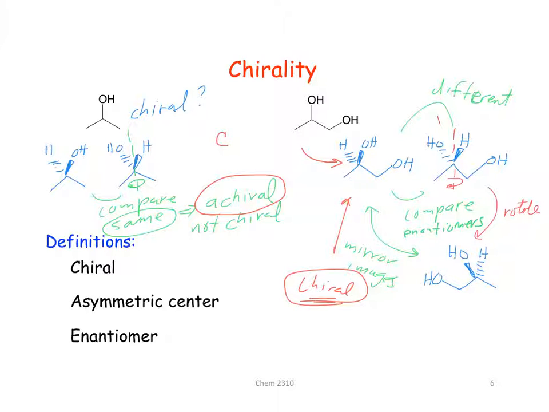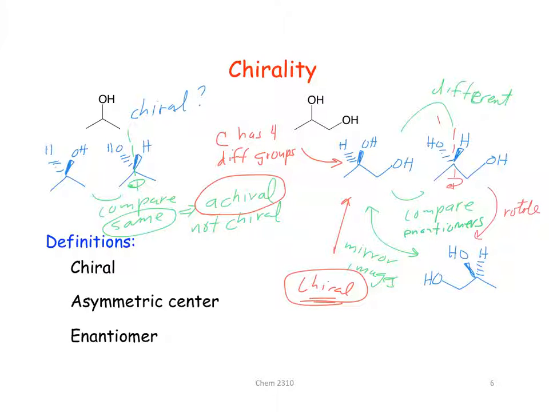It has an H, it has an OH, it has a methyl group, and it has a CH2OH. Okay, those are 4 different groups, and if we have a molecule that has a carbon like that with 4 different groups, then the molecule will be chiral. Okay, this type of carbon is called an asymmetric center.